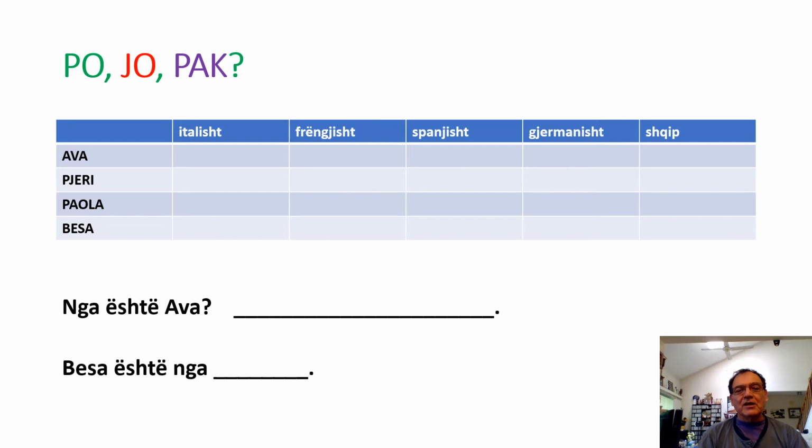You have to decide whether they speak it, they don't speak it, or they speak a little. And you have to answer those two questions at the end. Nga este Ava, and you have to complete the sentence Bessa este nga, and you will have to see where she's from. So let's listen to this conversation.